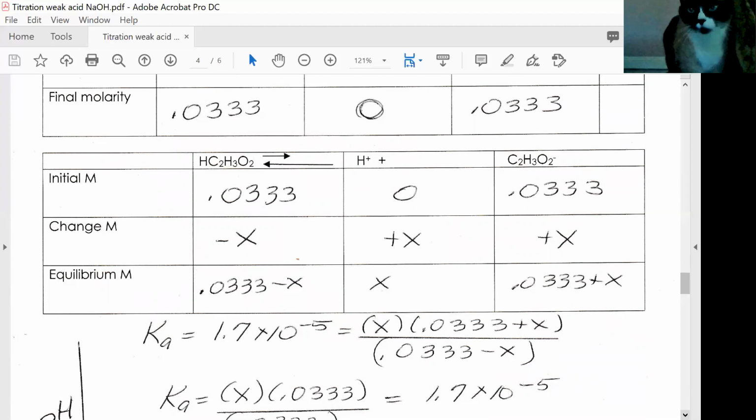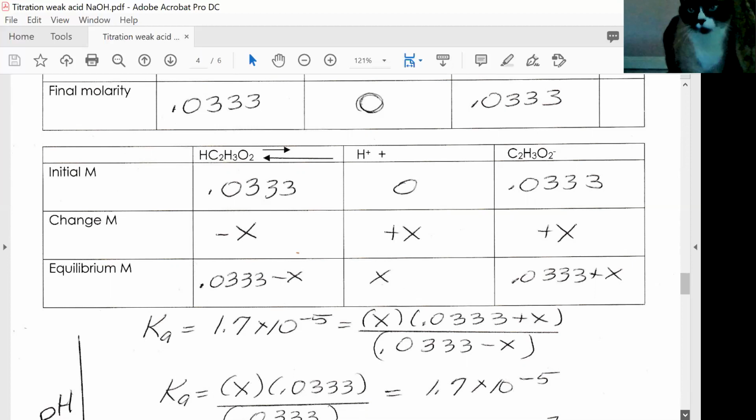And again, this is all one problem. So our Ka for acetic acid is 1.7 times 10 to the minus 5. We set that equal to our expression from our equilibrium, x times 0.0333 plus x over 0.0333 minus x. We're going to use the 5% rule.